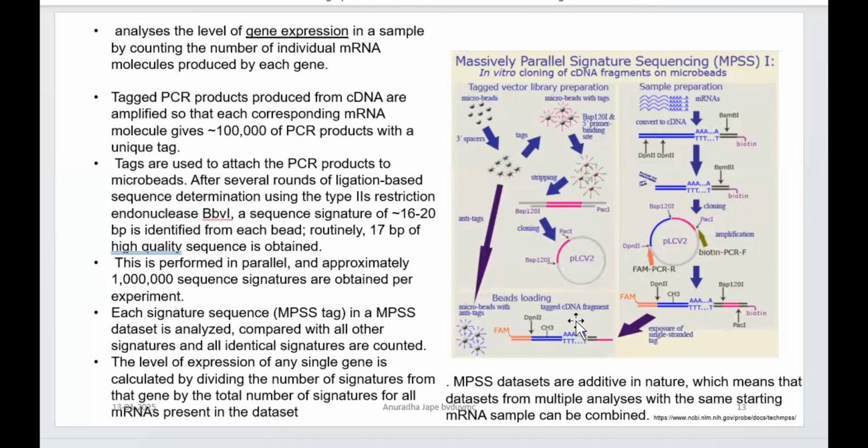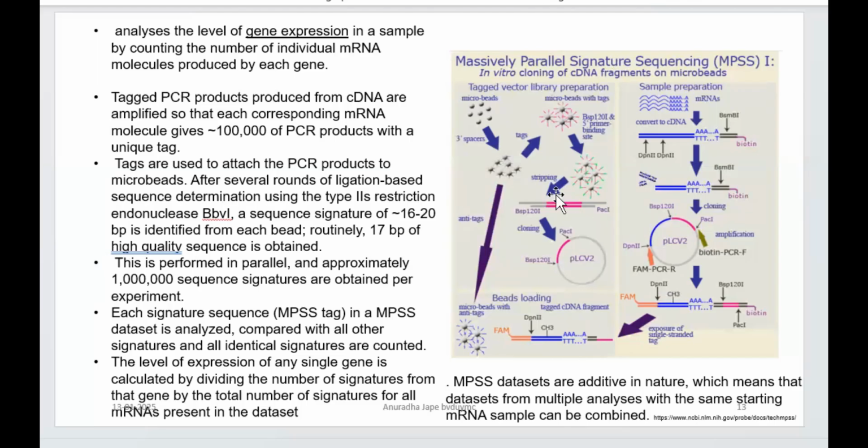So what are the components required? The RNA, then it is converted to the cDNA, then to that you have added the tags. Those tagged fragments are mixed with the beads, and then you go with the further processing.